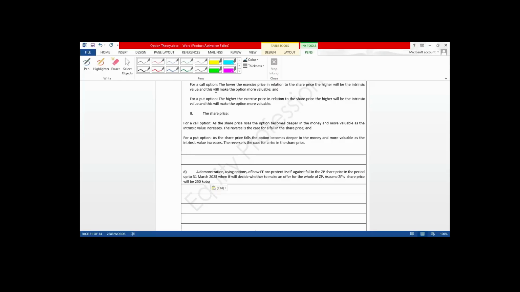Assuming the ZP share price will be 250 kobo. Let us explain that briefly. Currently, our company, Polar Engineering, has shares in ZP.